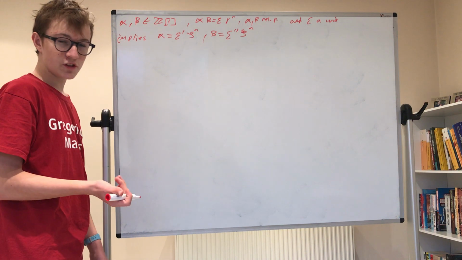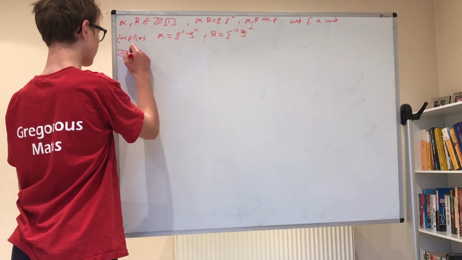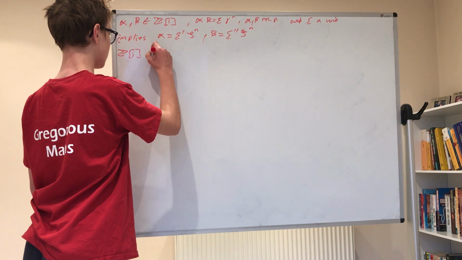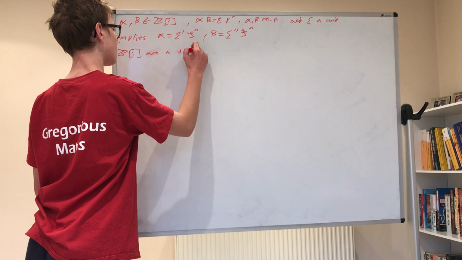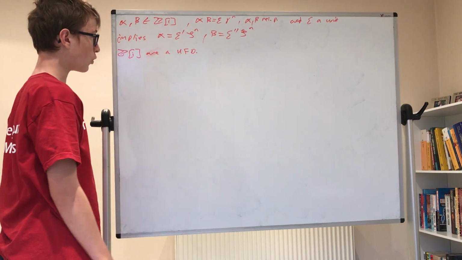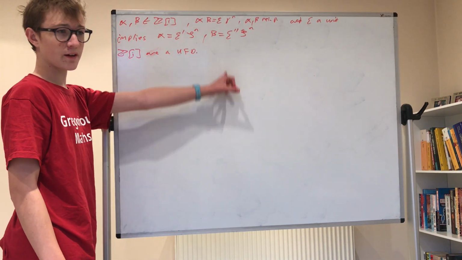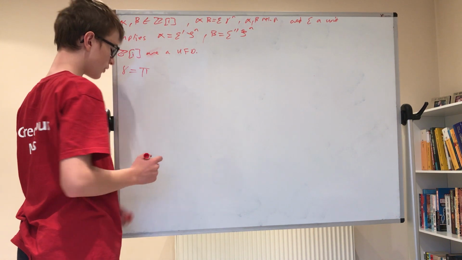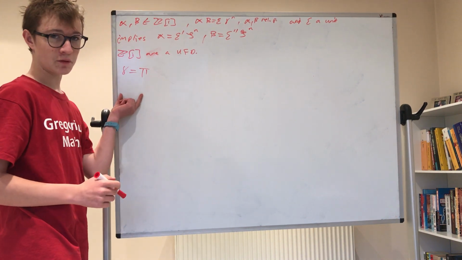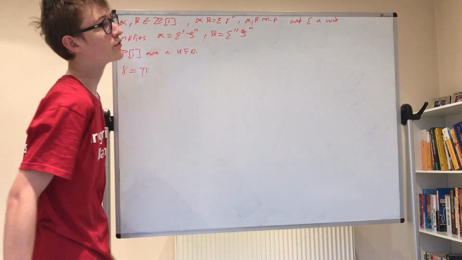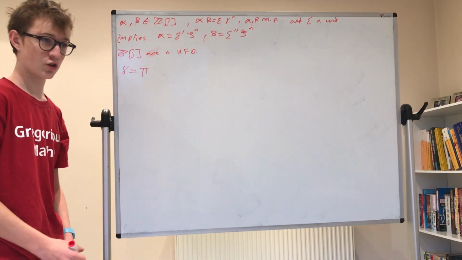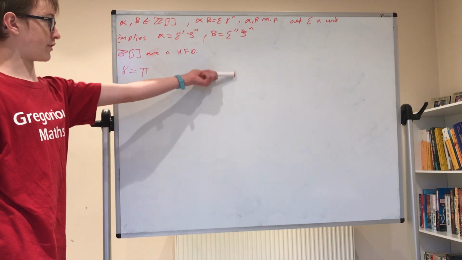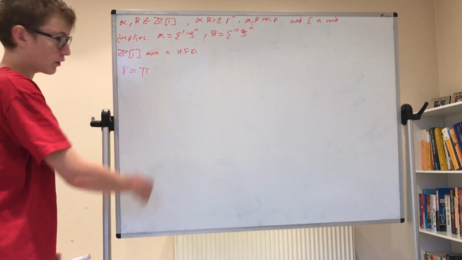So the way to do this is to use that the Gaussian integers are a factorial ring, or a unique factorization domain. They are a UFD. Therefore, gamma is going to be a product, as long as gamma is not a unit. If gamma were a unit, then alpha and beta are units, and that should be pretty easy to show. And of course if gamma is 0, then it's completely trivial, so let's just assume it's not.